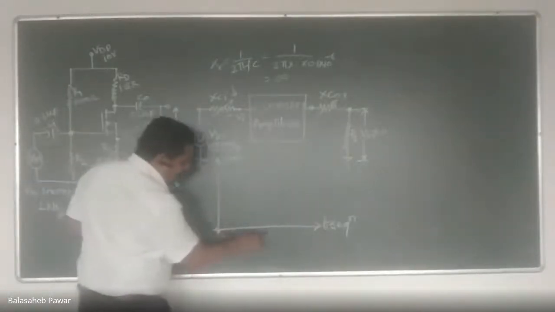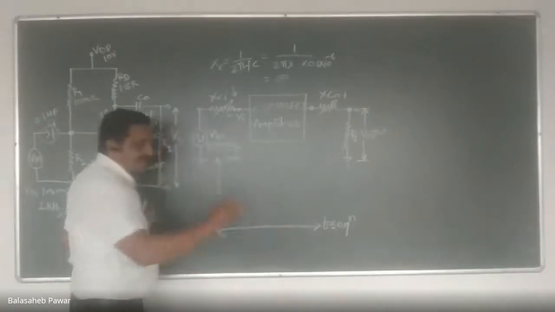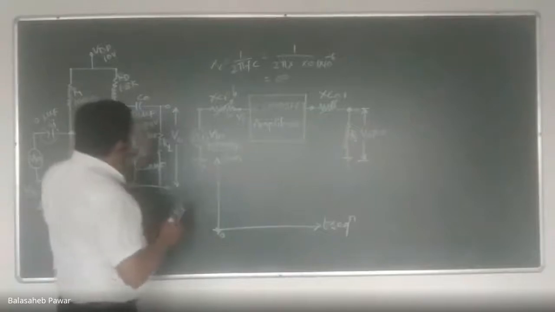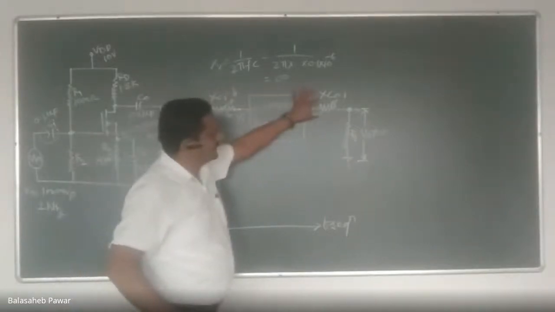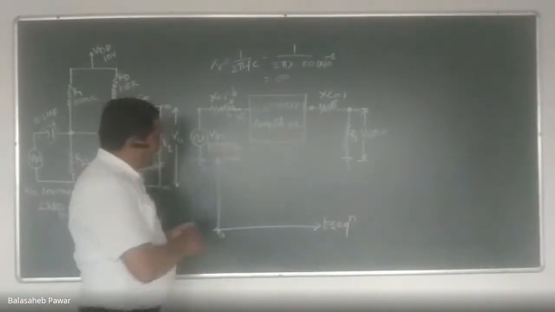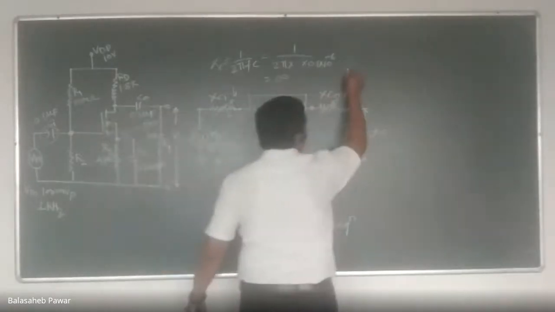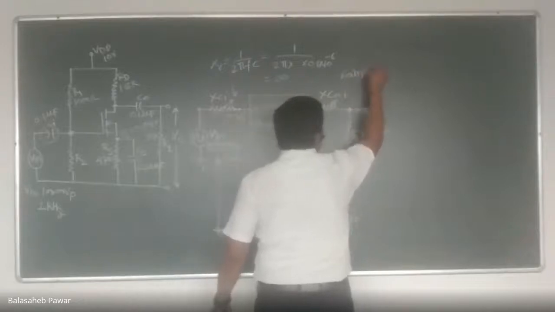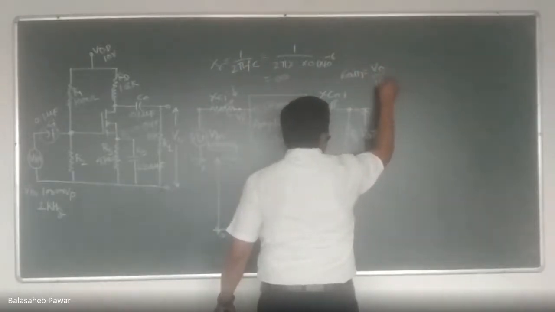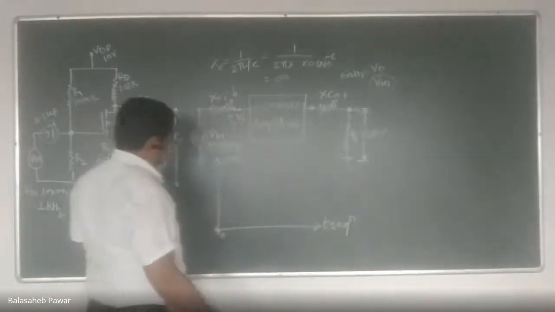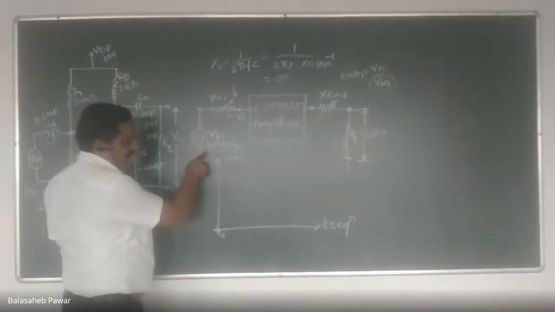Later on, as we are increasing frequency, what is the effect on VO? We observe that VO also gets increased because of decreasing reactances offered by these coupling capacitors, correct? And our VI is constant. And what do you mean by gain? Gain is nothing but VO by Vin. Correct now? Our Vin is constant, that is 100 millivolts.